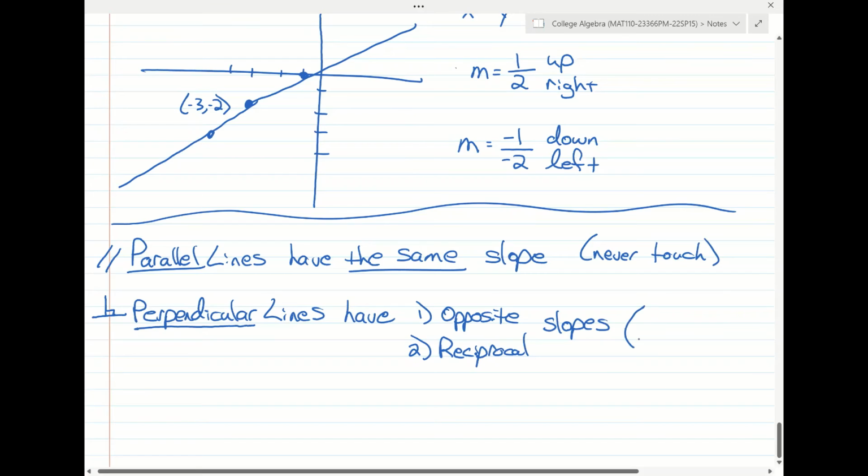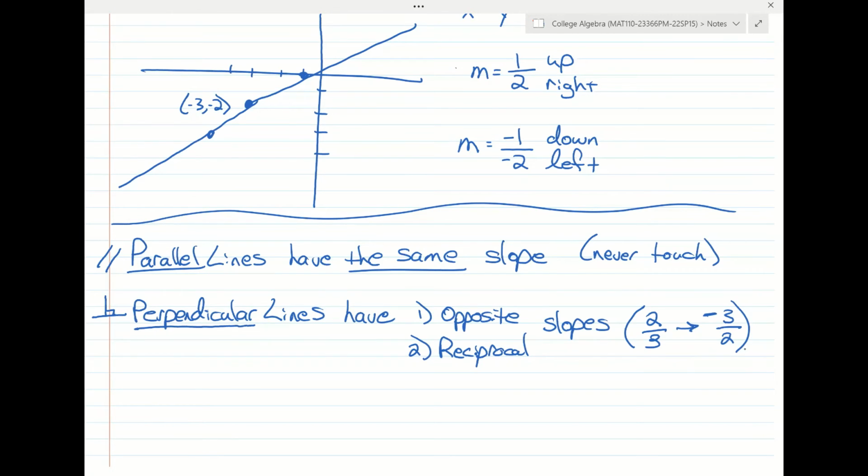Opposite reciprocal would be like if you had 2/3. The opposite would be a negative, and reciprocal would be 3/2. 2/3, -3/2. You took the opposite sign, and you also took the reciprocal, which just means you flip the top and bottom.